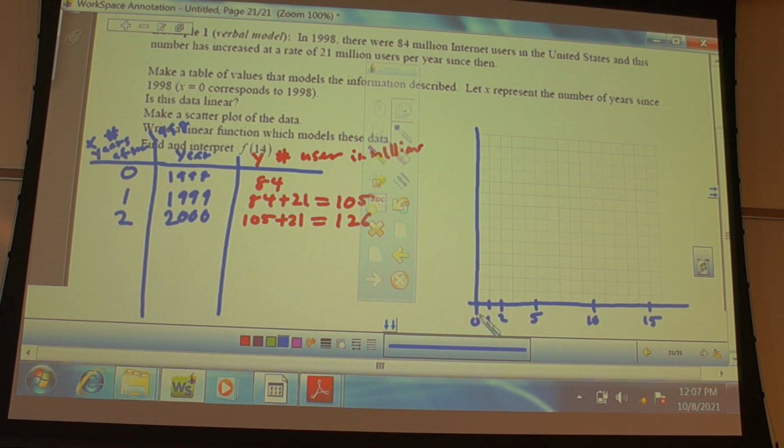Let me try to work with you guys on this one. Well, I was going to make this a little larger. That's okay.